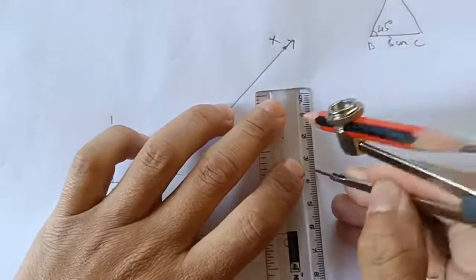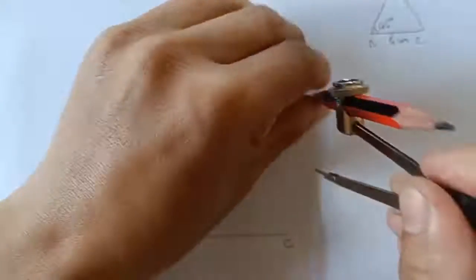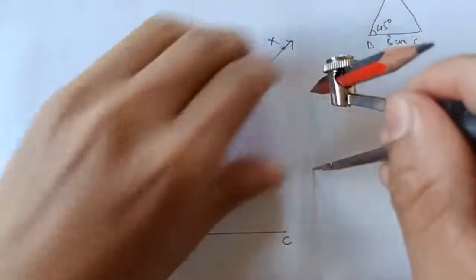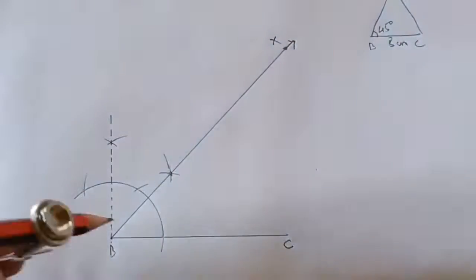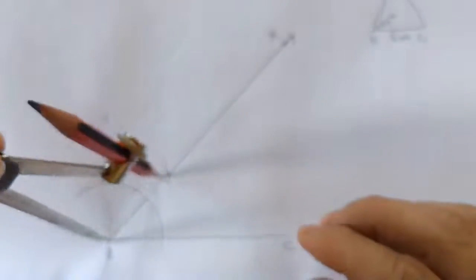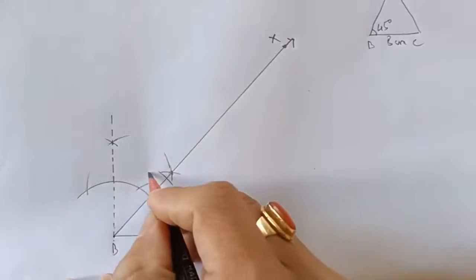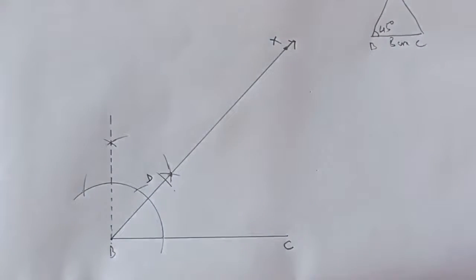So this will be our BD, which measures 3.5 centimeter.